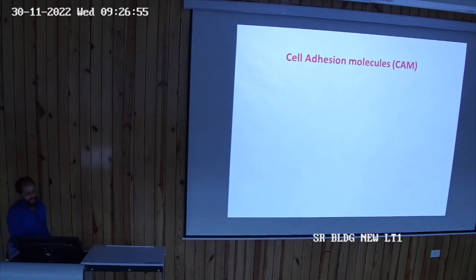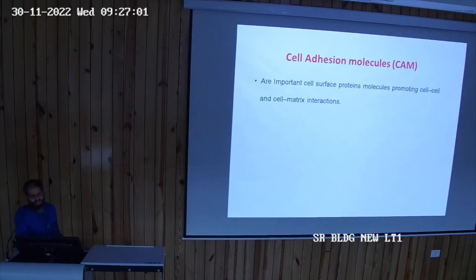Then all these proteins which we have discussed, this come under cell adhesion molecule. उसको हम सब वो क्या कहते हैं, cell adhesion molecule है. These are important cell surface proteins, सेल के सरफेस पे होते हैं, है ना. These are important cell surface protein molecules which are promoting the cell to cell and cell to basement membrane or matrix interaction.